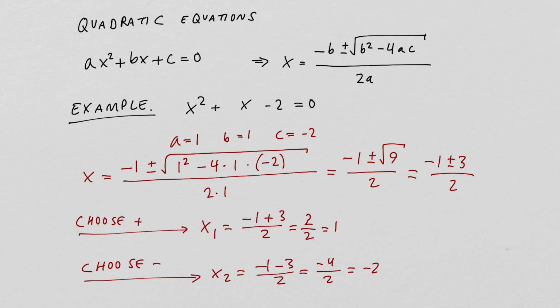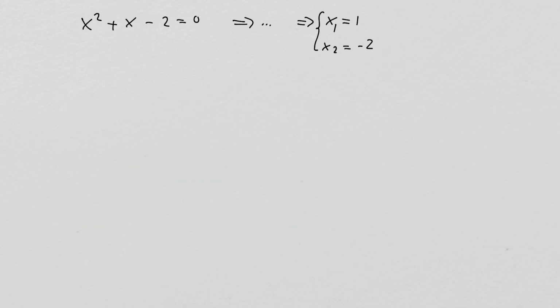Let's draw a picture of the polynomial and let's see what the solutions 1 and minus 2 mean. If we have a second degree polynomial with x squared in the front, with a plus sign, then the graph of the function will look like a parabola, and we have 3 options.